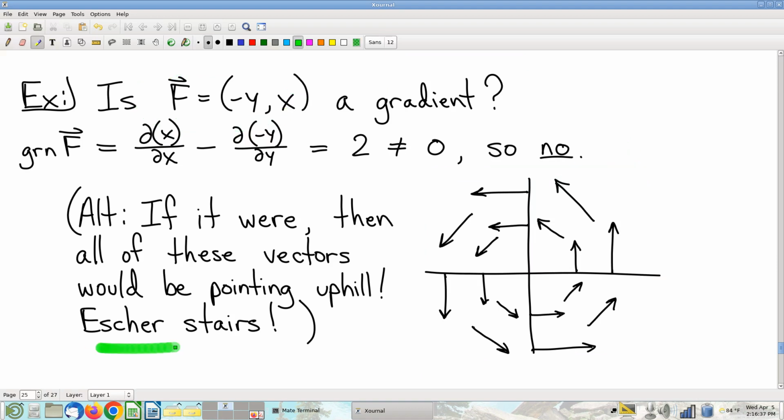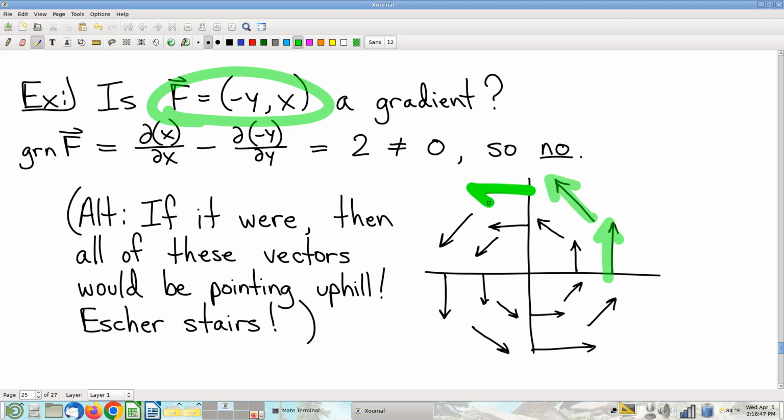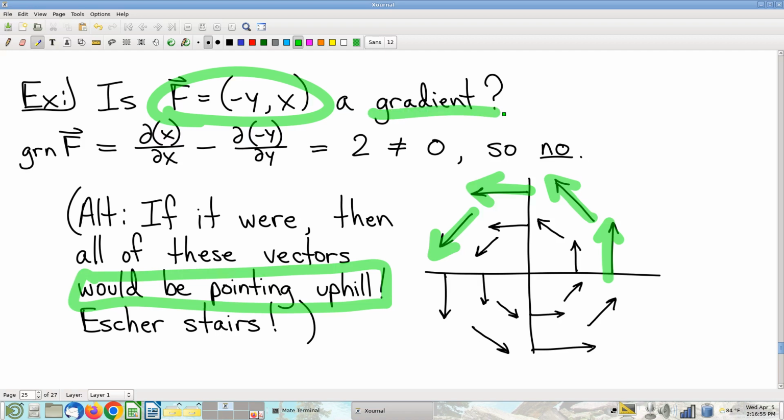So let's think about this then. I claim there's kind of a connection to Escher stairs here. If these field vectors were gradients, that means they would all be pointing uphill. That's what gradients do. Gradients point uphill. And how could all of these arrows be pointing uphill? It's just like the Escher stairs.